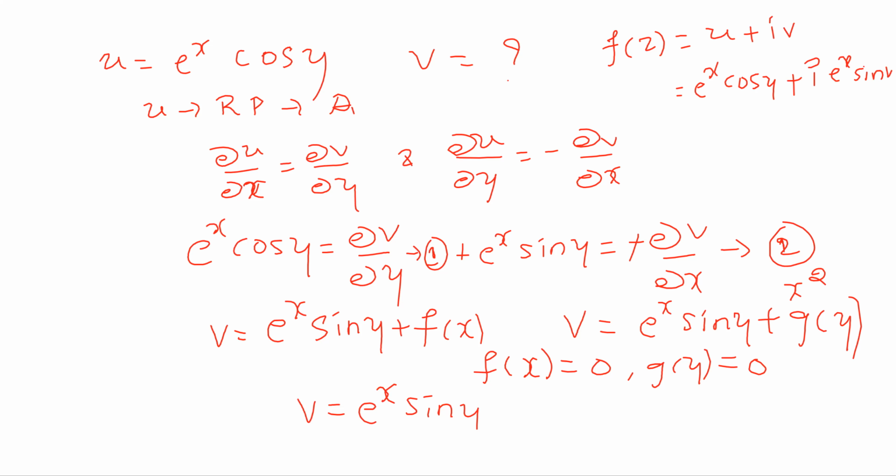Taking e power x out as constant, the remaining is cos y plus i sin y, which is e power iy. So that is e power x into e power iy, which equals e power x plus iy, that is, e power z.